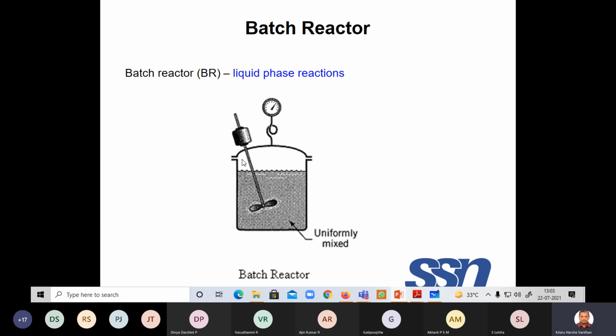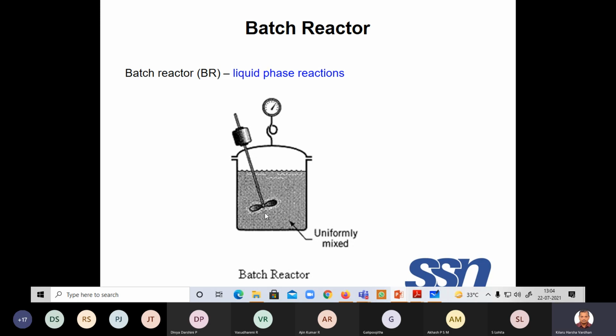There will be no input and no output. Generally, at time t equal to 0, your raw materials, if A and B give you product, both A and B will be put together inside, and then you start the stopwatch. That is, the reaction will start.